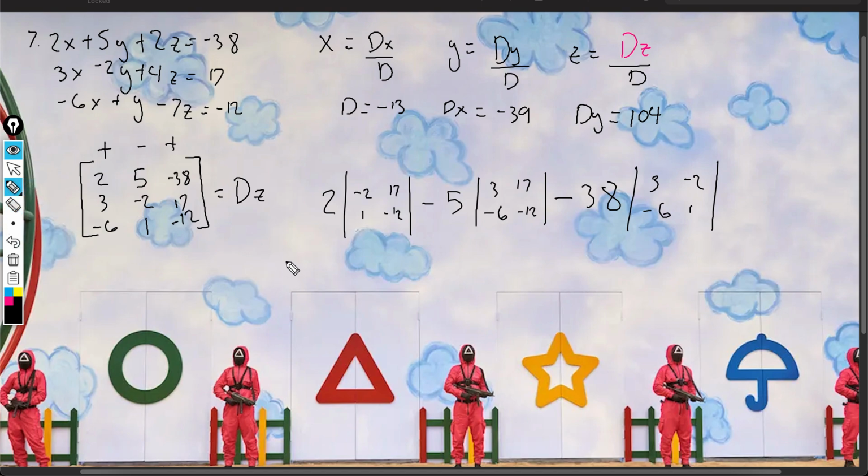I'm going to do everything step by step for you. 2, open parenthesis, negative 2 times negative 12, positive 24. 17 times 1, minus 17. Remember, this minus is part of the formula, not because it has anything to do with that. I have to keep repeating that in case anyone gets thrown off. Just negative 36 minus negative 6 times 17 is negative 102.